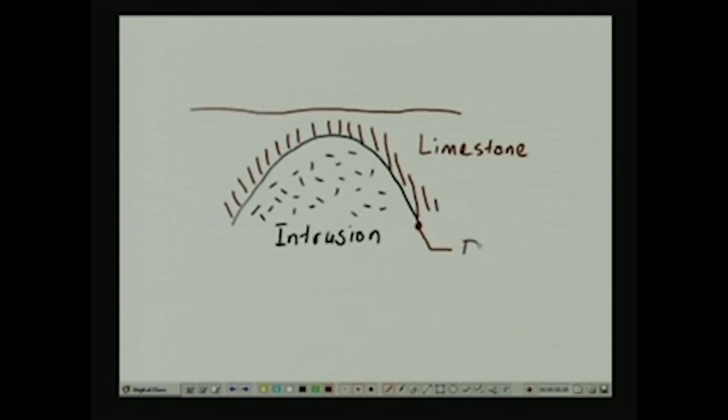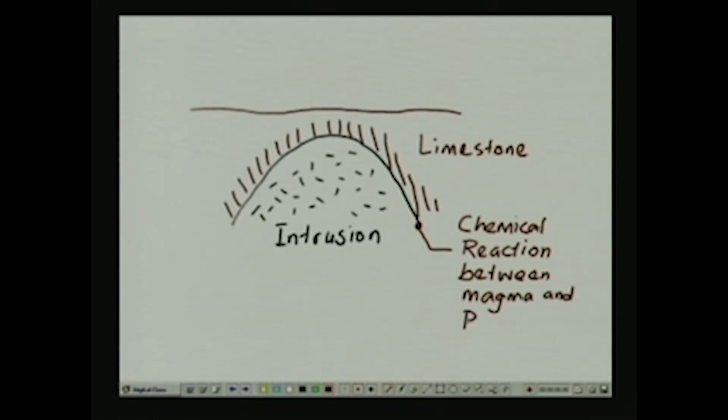So in this area there is going to be a chemical reaction between magma and parent rock, and in this case the parent rock is limestone, and the influence of the chemical reaction is going to decrease as one moves outward from the boundary between the intrusive body and the parent rock.